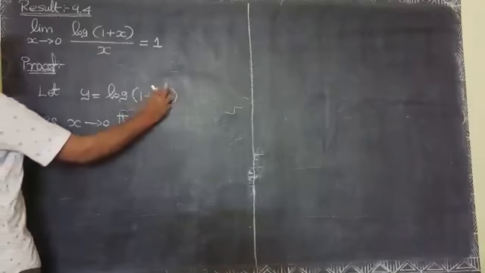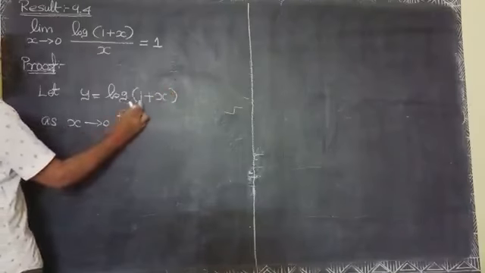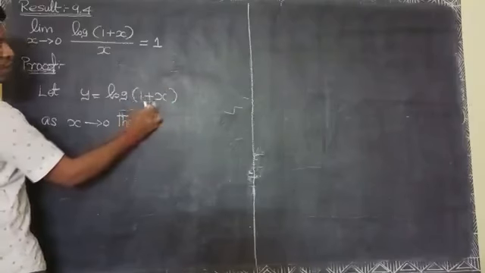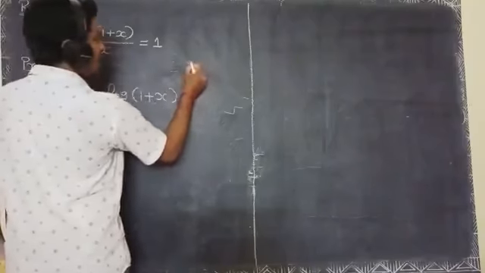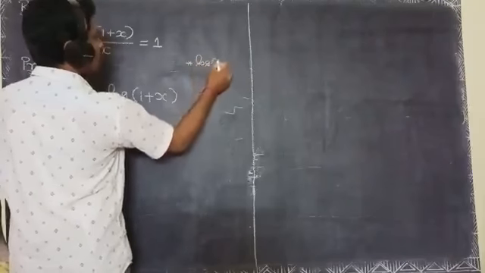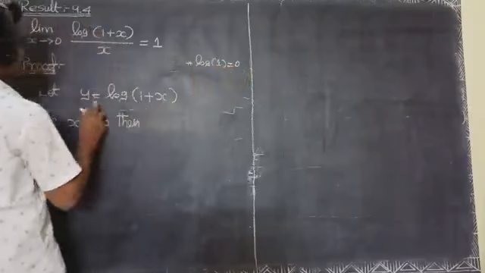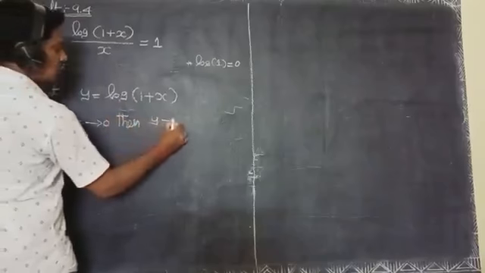Here x approaches 0 means log of 1 plus 0 is log 1, and the value of log 1 is 0, so y approaches 0.